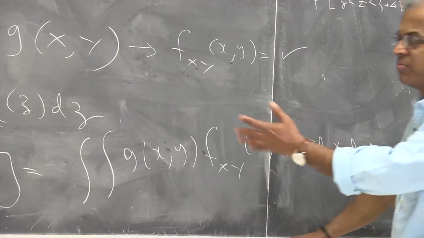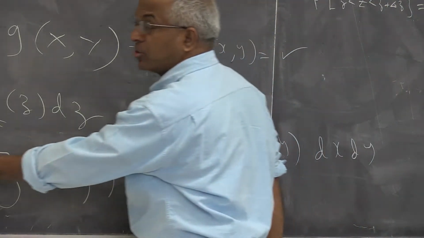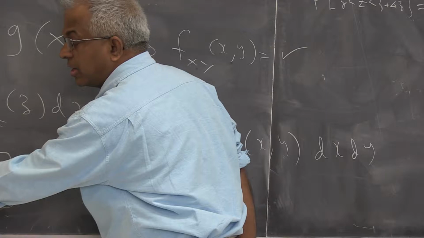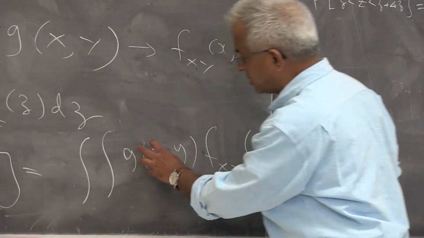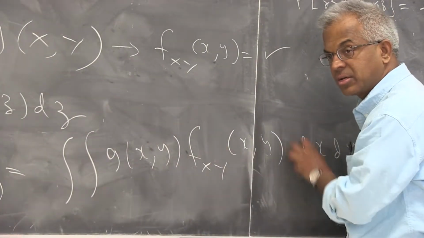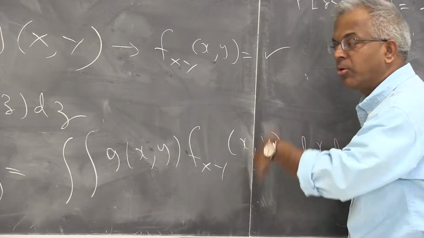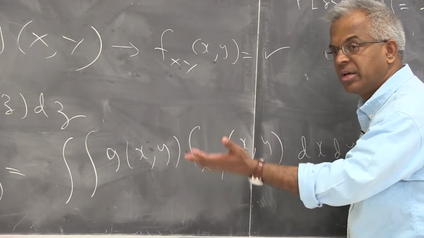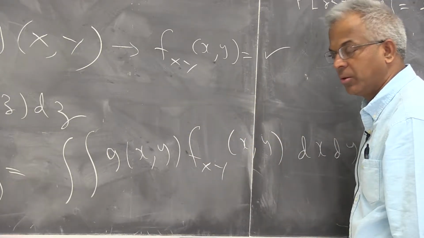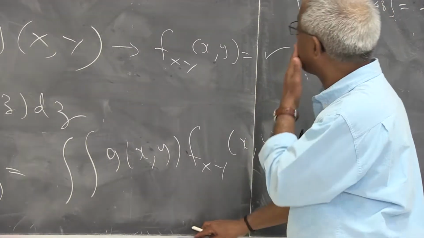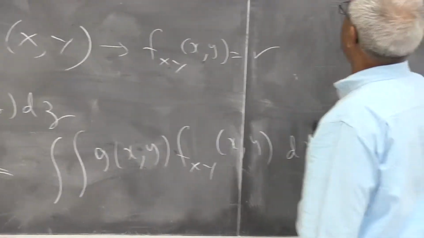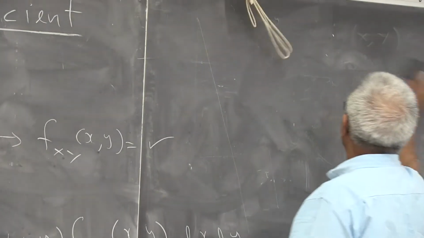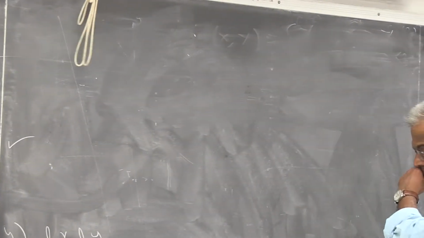In particular, if this is just a function of x, we already had this formula: the expected value of g(x) is the integral of g(x) multiplied by f_x(x) dx, right? You don't have to find the density function of g(x) to find the average value. So this opens up all sorts of possibilities.